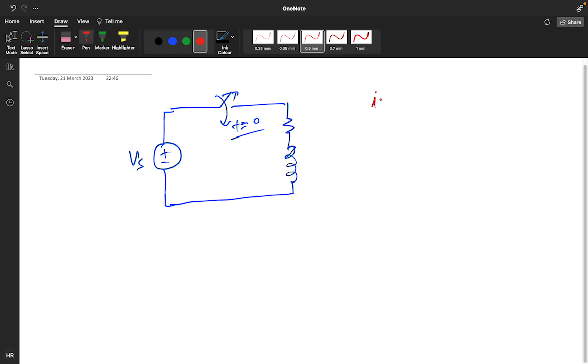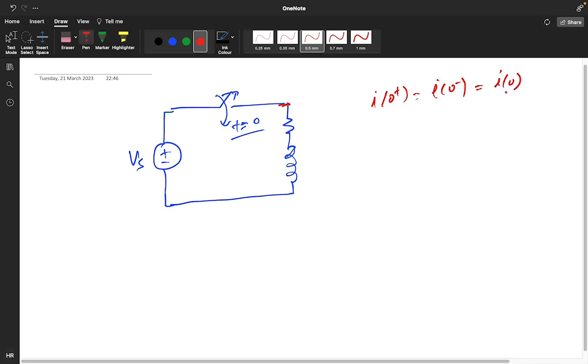Because this is in series with R, I of 0 plus equals I of 0 minus equals 0, because initially the switch was open and no current was flowing. When we connect this, we'll get the circuit like this.